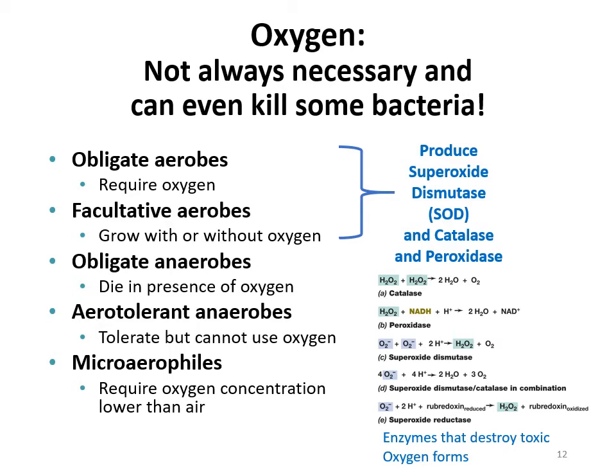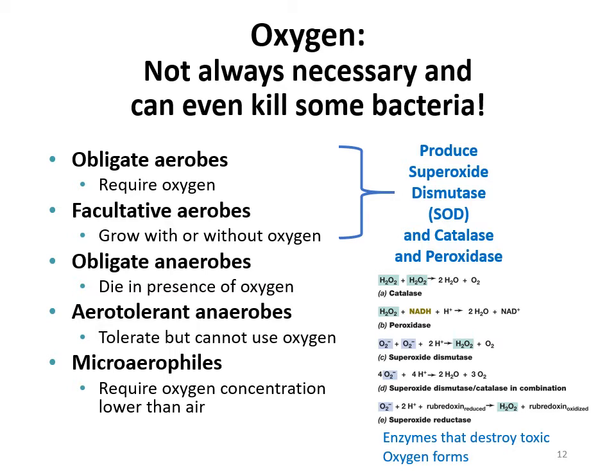It will die because the free radicals will make it unstable, and it has no way to counteract the free radicals. So aerobes produce superoxide dismutase and protect themselves. Obligate anaerobes do not.